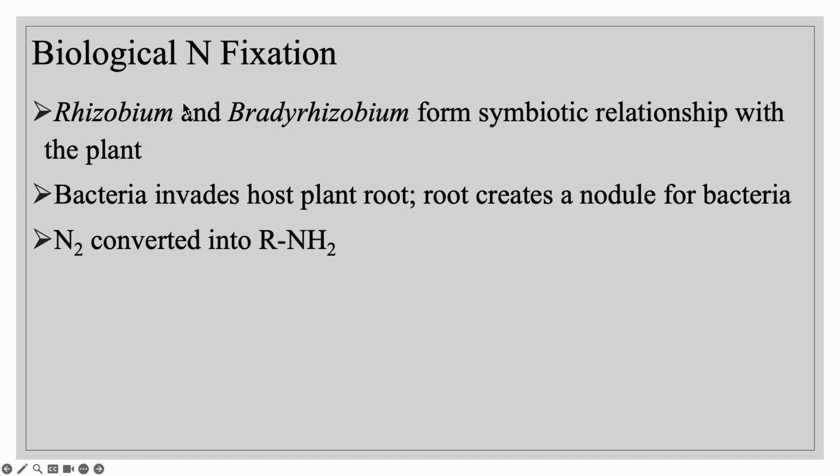So we have these two different bacteria, and each plant is bacteria species specific. And so that bacteria invades that host plant root. It will create that nodule, and then the N2 is converted into this organic form.